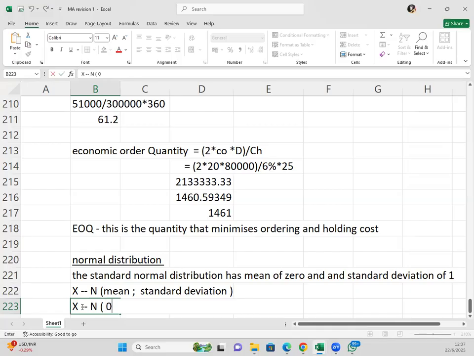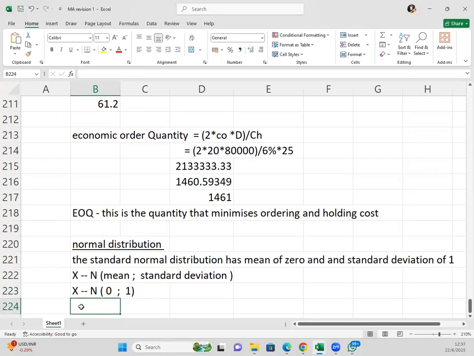If it's distributed in a manner that our mean is 0 and our standard deviation is 1, this is said to be the standard normal distribution.